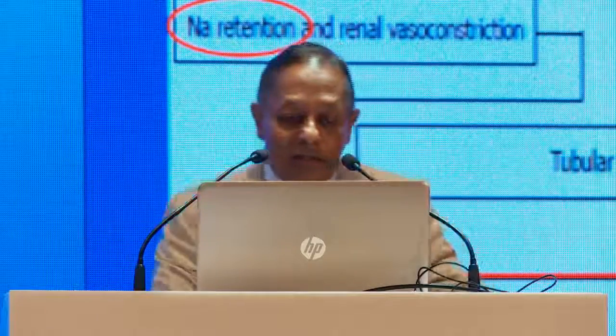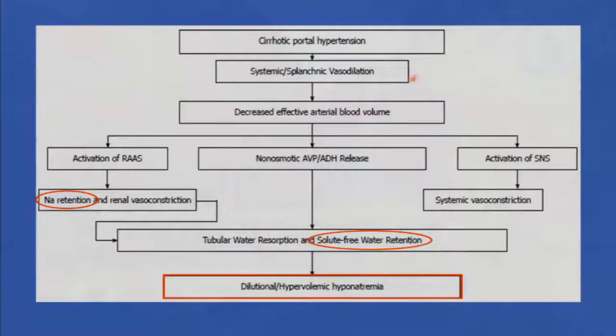And this flow chart will give you the reason why in patients who have portal hypertension, there is systemic vasodilatation, decreased renal blood flow leading to activation of the renin-angiotensin system, which increases sodium retention, and also an increase in non-osmotic ADH release, which results in a solute-free water retention, which is a little in excess of the sodium retention, and therefore you have a dilutional hyponatremia.